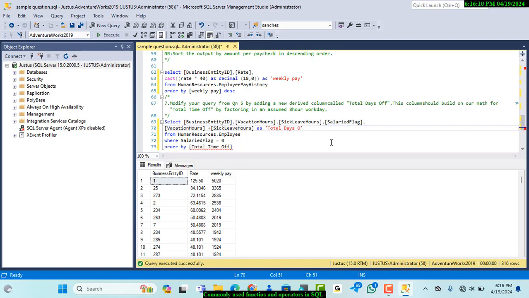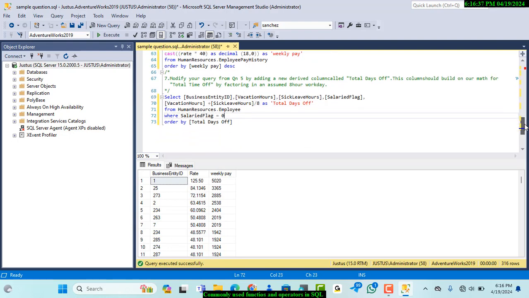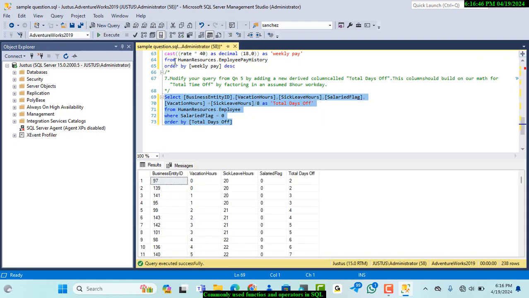Then I'm going to factor in the assumed 8-hour work day by dividing by 8, so that I can get the total days off. As simple as that. And I execute my query. Good. So that is my last question.